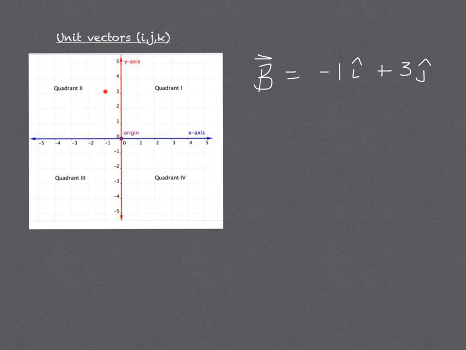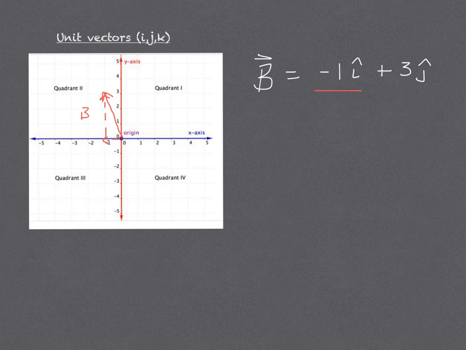So we'd end up with a point at that location. So our vector would look like this from the origin, and that would be vector B. And the x component drawn in would just go to negative 1, the y component to 3.